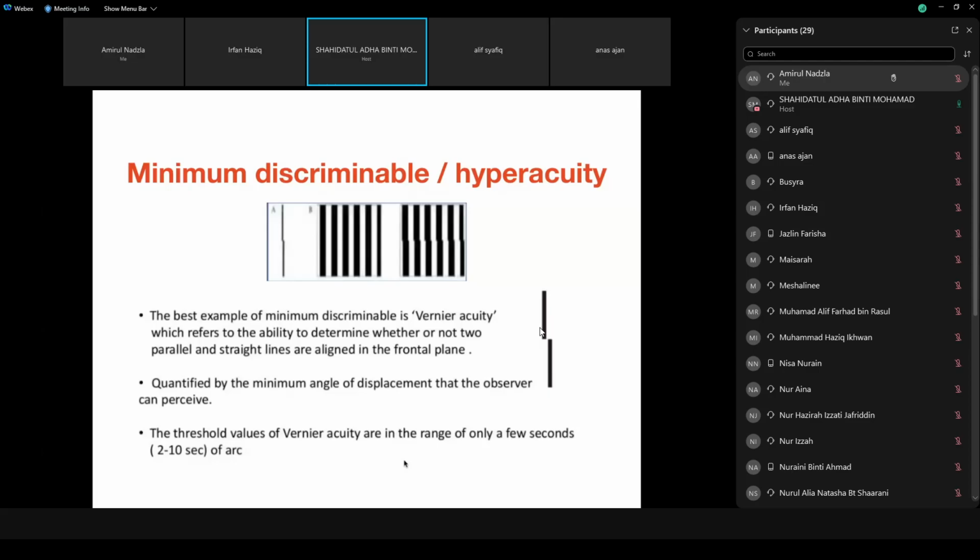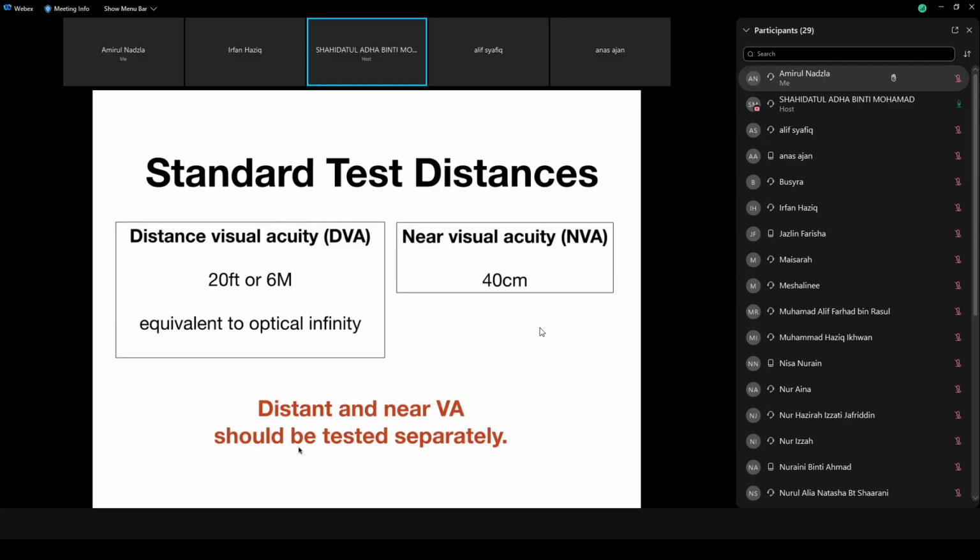So you can see from the example in the box, the picture at the side, the two parallel lines. Those with 6/6 vision, very good vision, even 6/9 can still see that it is separable. Okay, so the threshold values of this vernier acuity are in the range of only a few seconds, 2 to 10 seconds of arc.